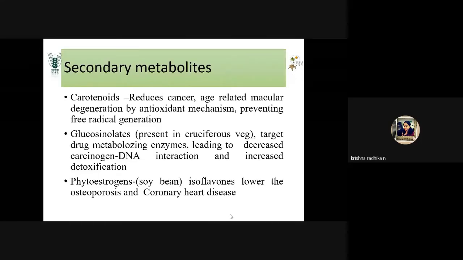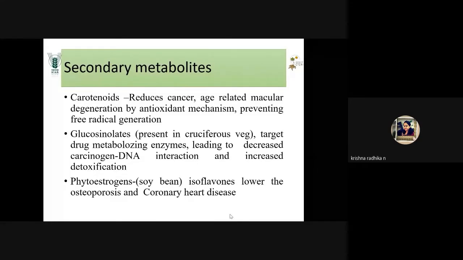Secondary metabolites also have a role in regulating genes. Some of the examples are carotenoids. They have a role in reducing cancer and age-related macular degeneration by an antioxidant mechanism, preventing free radical generation. Glucosinolates target drug metabolizing enzymes, leading to decreased carcinogen DNA interaction and increased detoxification.